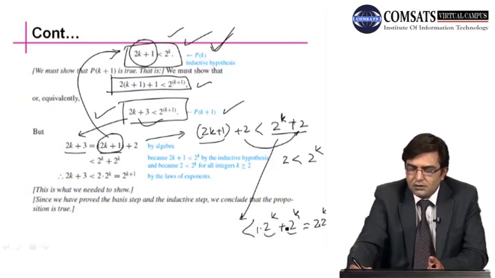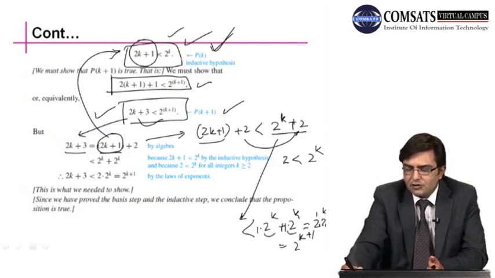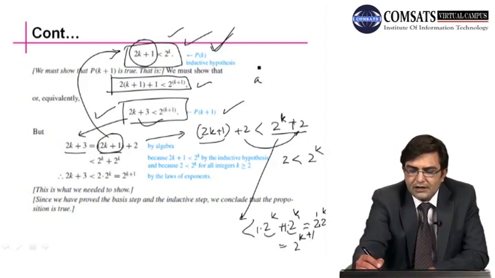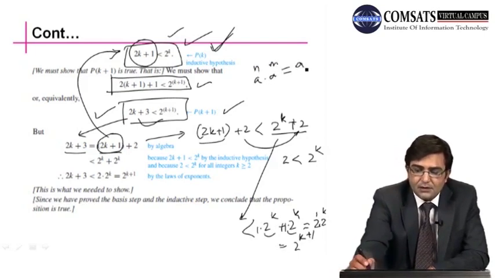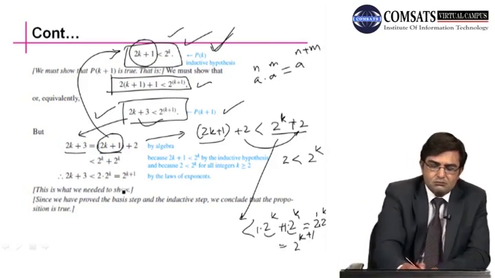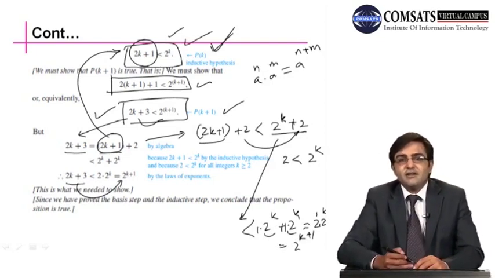So this is 2 power 2k. This can be written as 2 power k plus 1, because here we have 1. So 2 power k into 2 power 1, by using this property, a power n into a power m is a power n plus m. So this becomes less than this, and we have proved that p of k plus 1 is true.